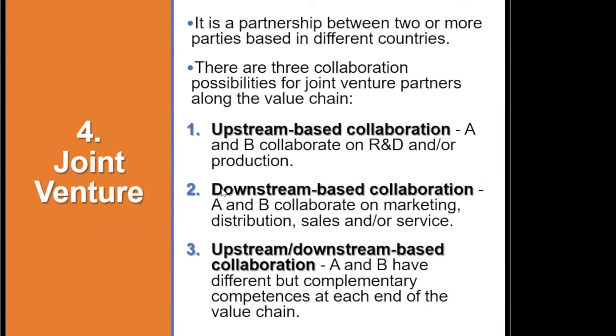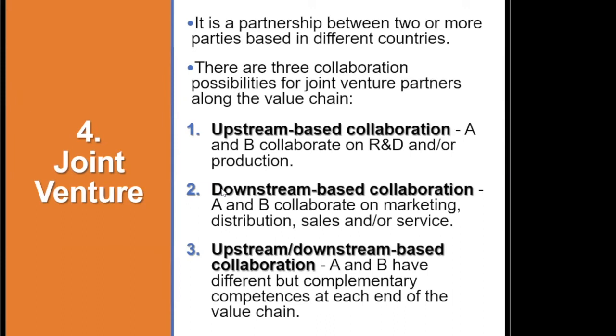Whereas others will also collaborate on both upstream and downstream activities by using their competencies in a complementary manner and engaging in those value chain activities that they have distinctive capabilities in and complementing each other along those lines to be able to achieve a certain level of economies of scale when it comes to the manufacture and sale of a particular product in a foreign market.